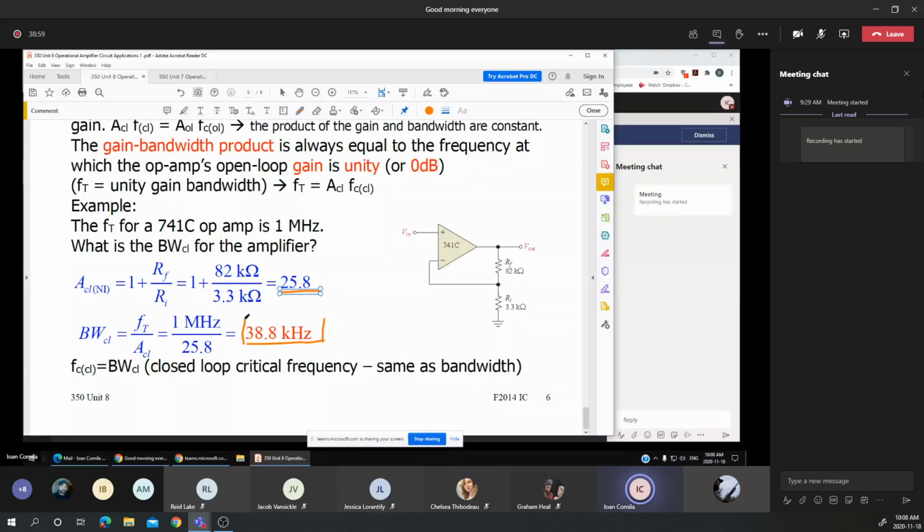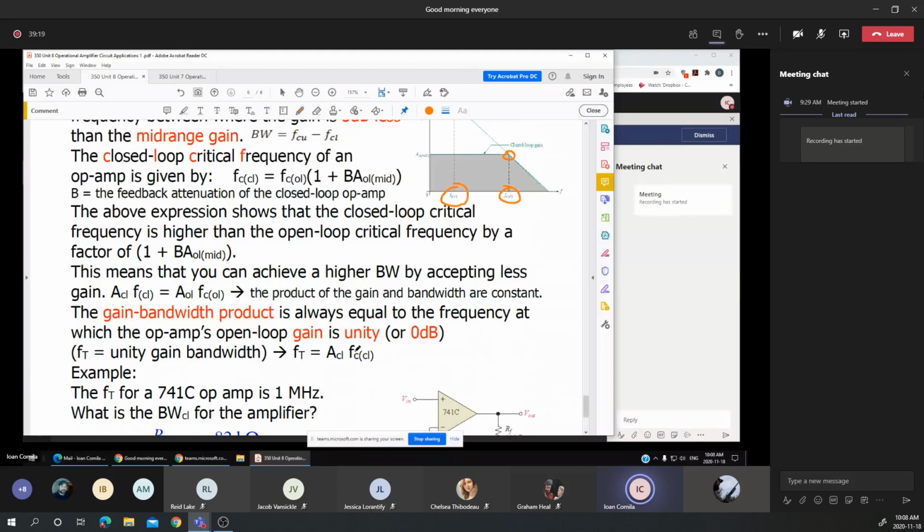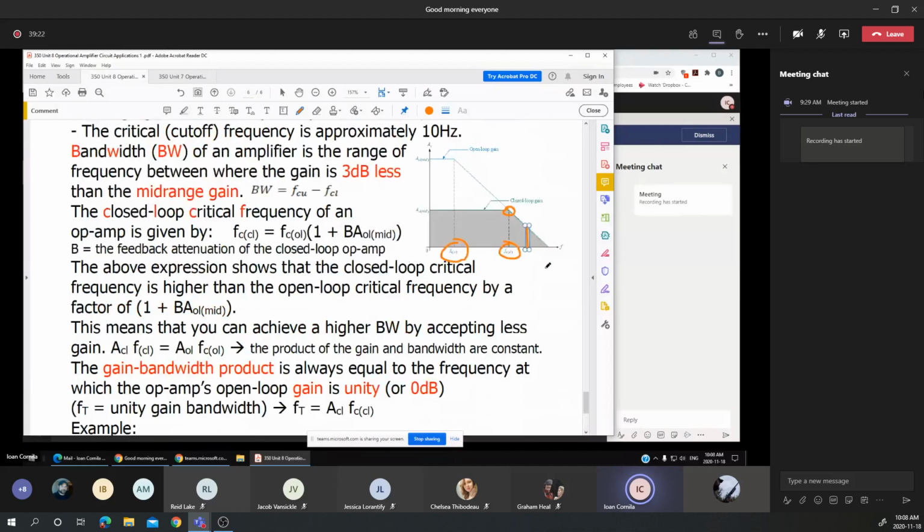You notice that as the gain is decreased from 200,000, for example, to 25.8, the critical frequency of the circuit is increased to 38.8 kilohertz. As a recommendation, if your design requires a wide range for the input voltage, most of the time we can use two identical circuits that amplify the input signal with a small gain.